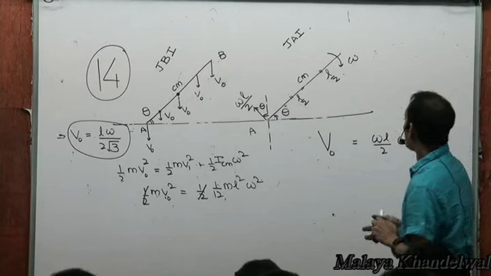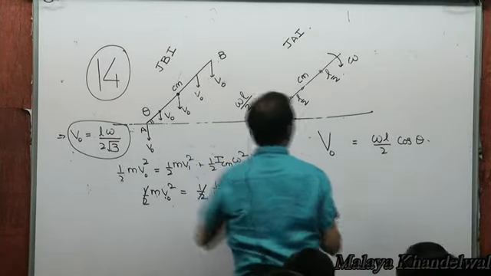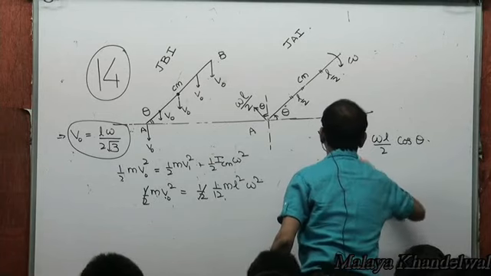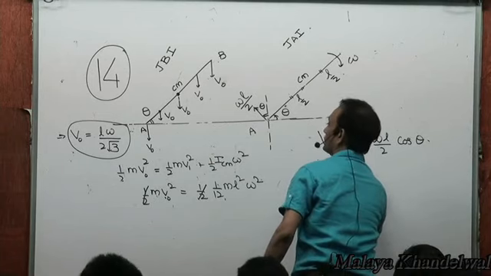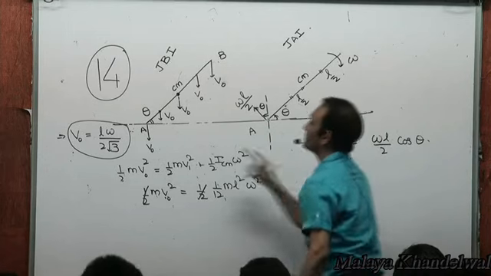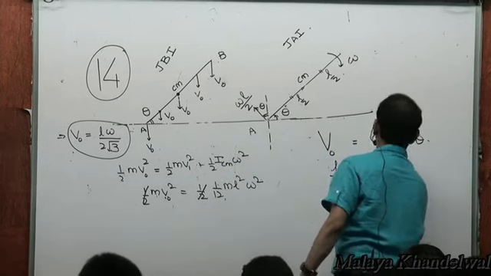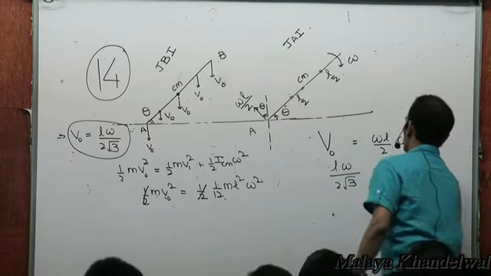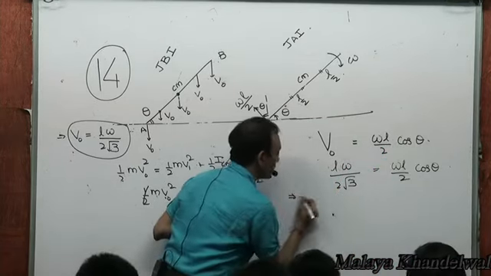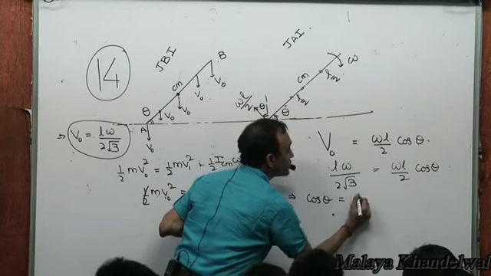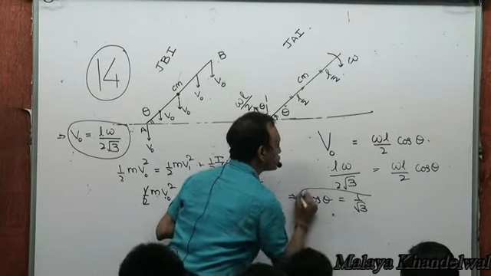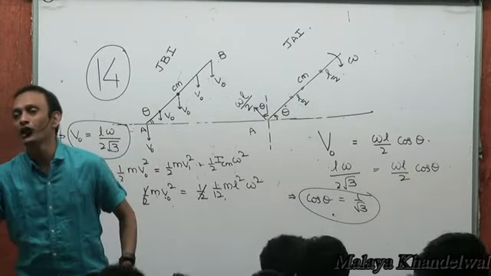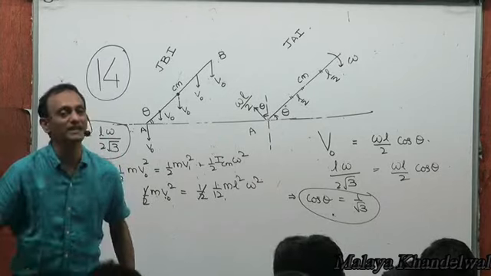Now, very clearly, I can write this V naught as L omega by 2 root 3, which equals omega L by 2 cos theta. Cos theta therefore is 1 by root 3. So theta would be cos inverse 1 by root 3. Such a theta would produce the greatest omega after a perfectly elastic impact.